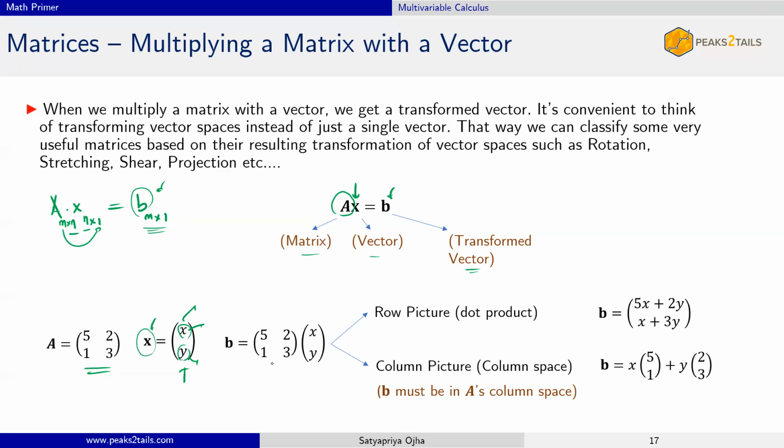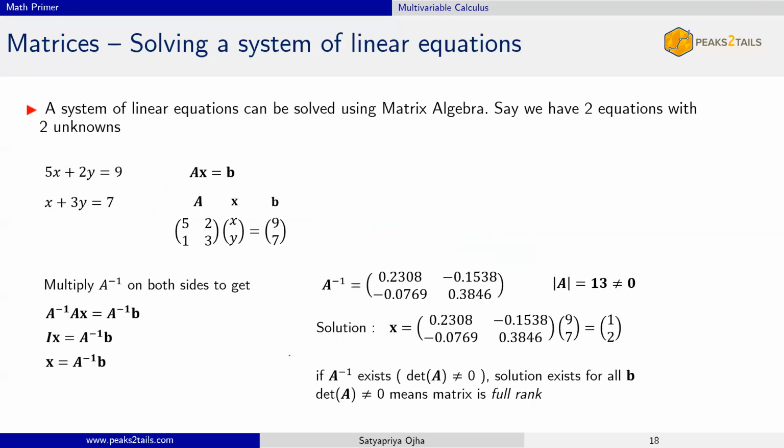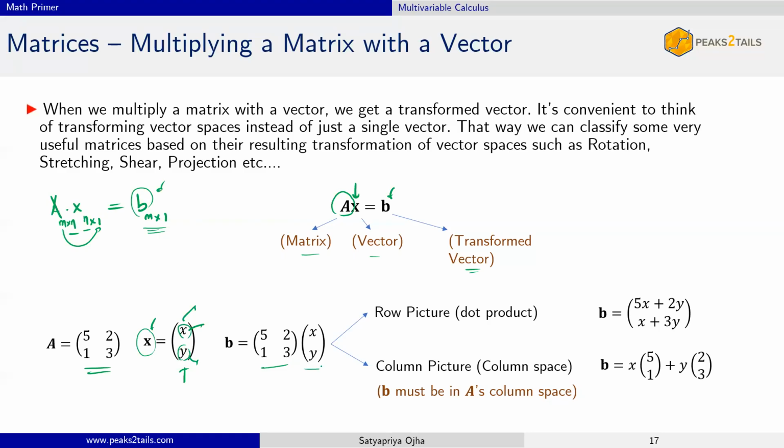B is the product of A times X, right? Now we know how to multiply this. One is the dot product method that we talked about initially. That is the row picture. You look at the rows individually, so you know that the outcome is a vector, right?